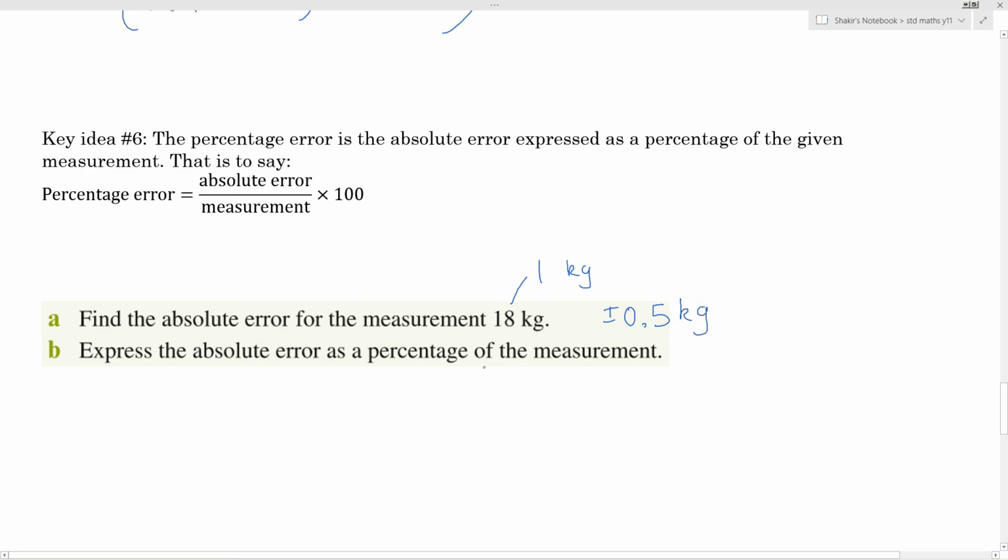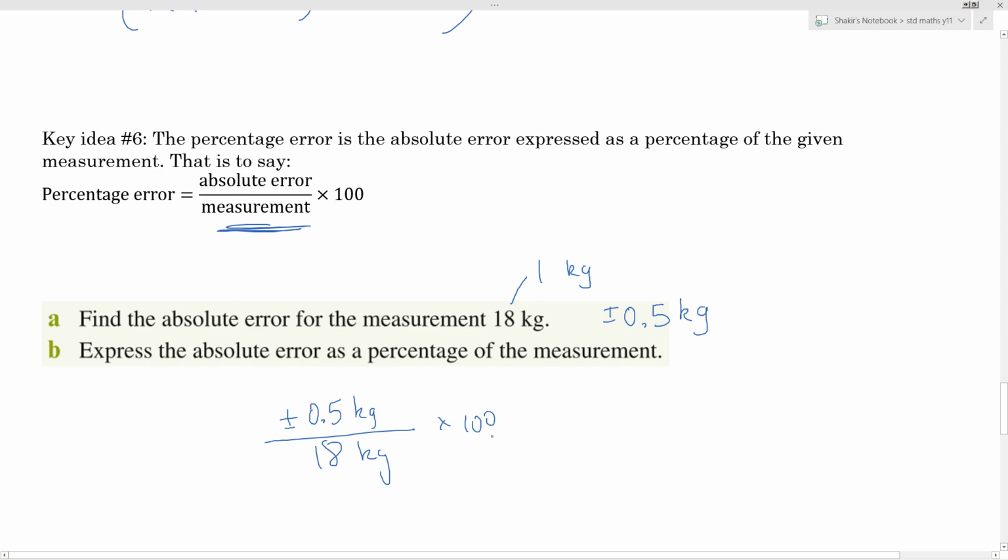And the absolute error as a percentage of the measurement: absolute error is plus or minus 0.5 kilogram over the measurement itself, which was 18 kilograms, and then we multiply by 100 because we want a percentage.